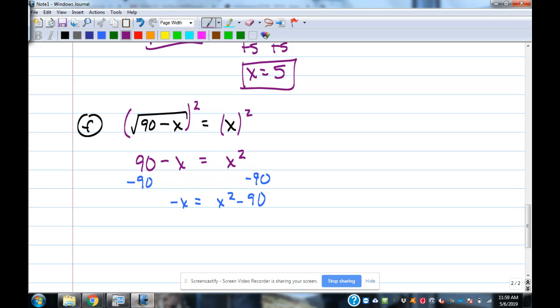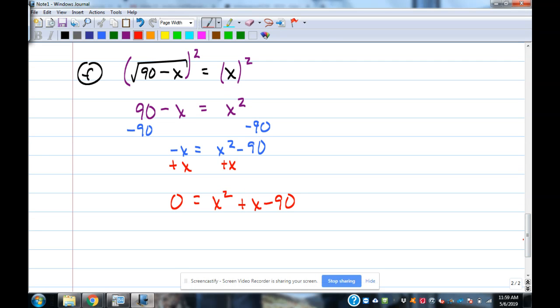And then how do I move that negative x? If I add it, that will get rid of it on that side. And I need to write that answer, x squared plus x minus 90, because that's in what order? Descending order.